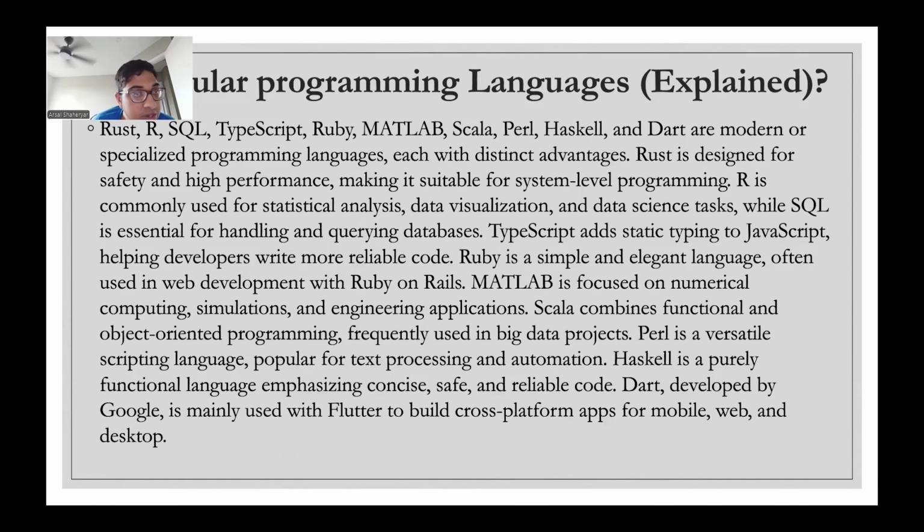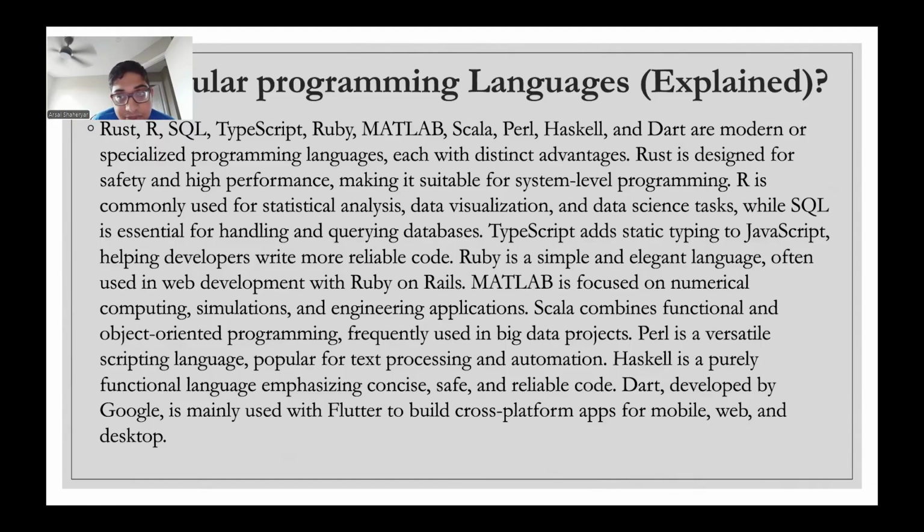R is commonly used for statistical analysis, data visualization, and data science tasks, while SQL is essential for handling and querying databases. TypeScript adds static typing to JavaScript, helping developers write more reliable code.